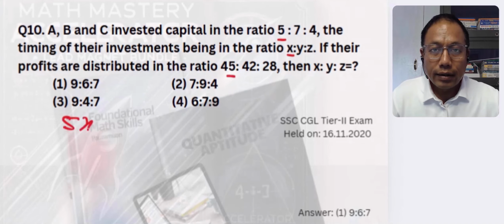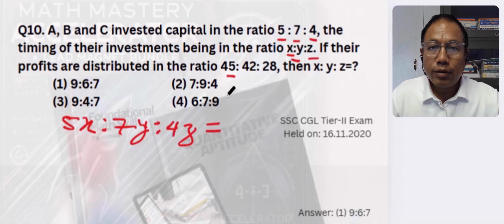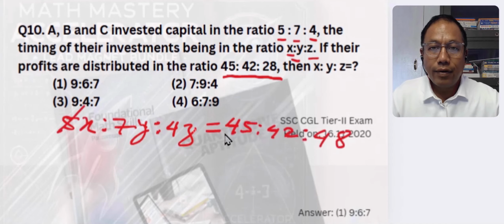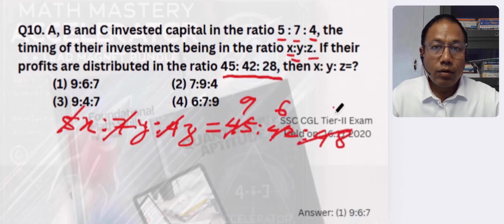5x is to 7 multiplied by y, 7y, is to 4z, equal to the profit. 45 is to 42 is to 48. 5 nines are 45. 7 sixes are 42. 4, this is not 48, it's 28. 4 sevens are 28.